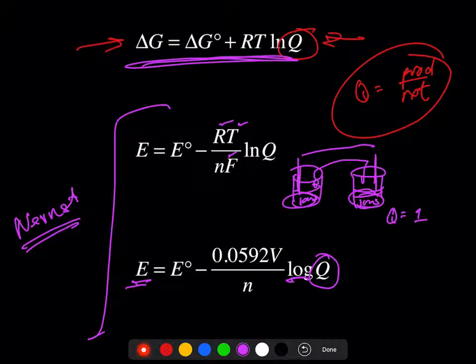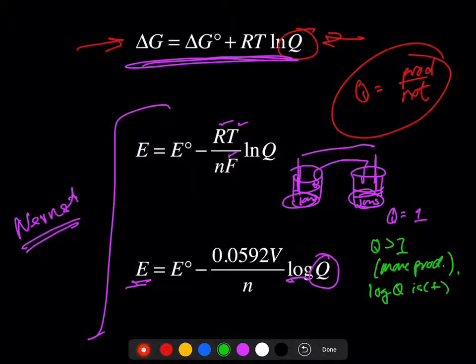So using our math sense, when Q is greater than 1, what does that mean? That means more product than reactant. So if we have more product and my Q is greater than 1, my log of Q is going to be a positive value. And if my log Q is positive, what happens here?